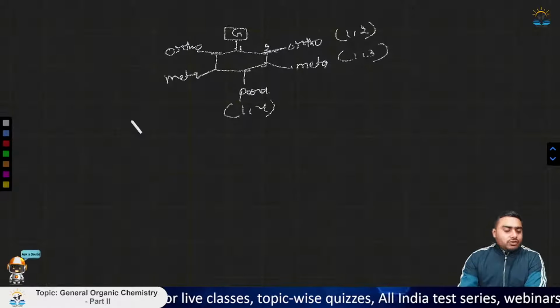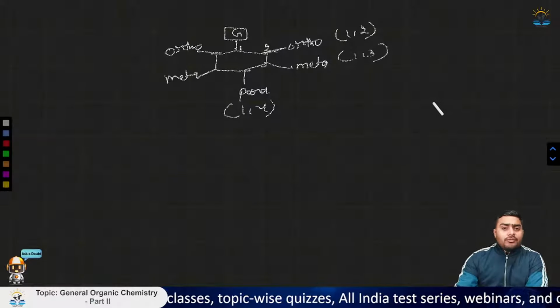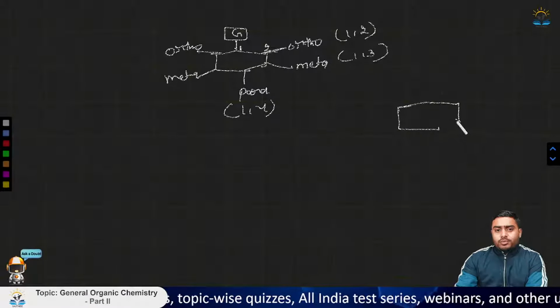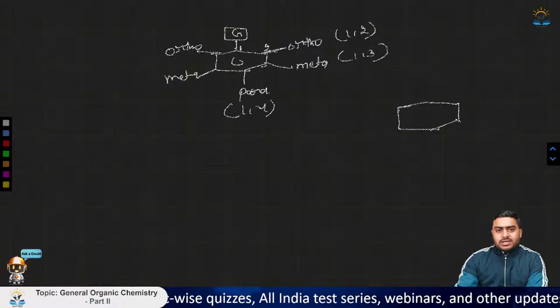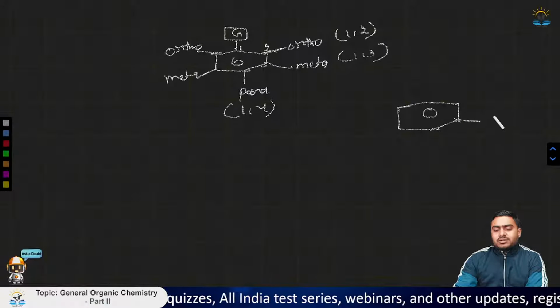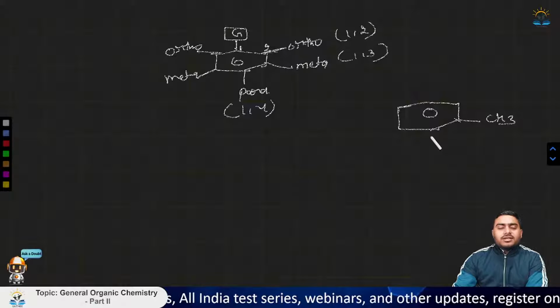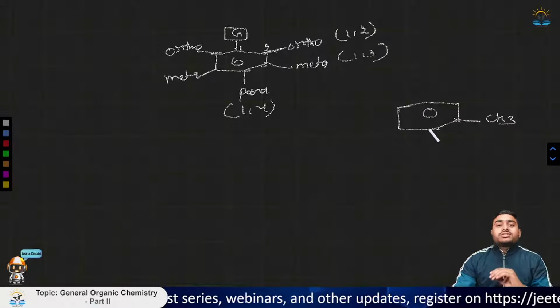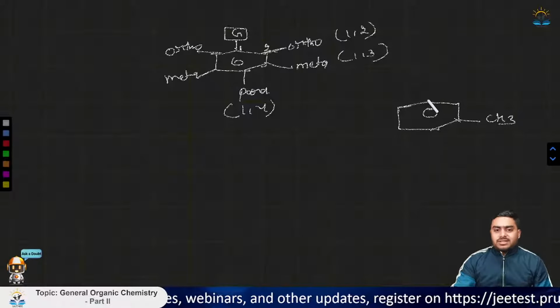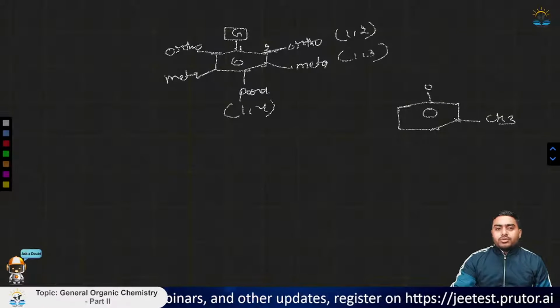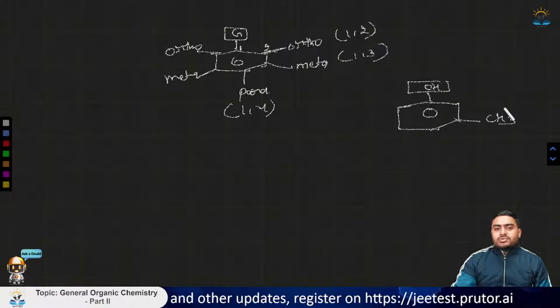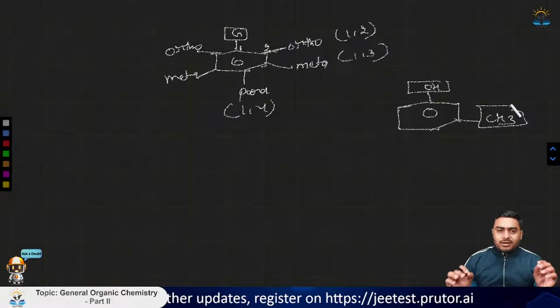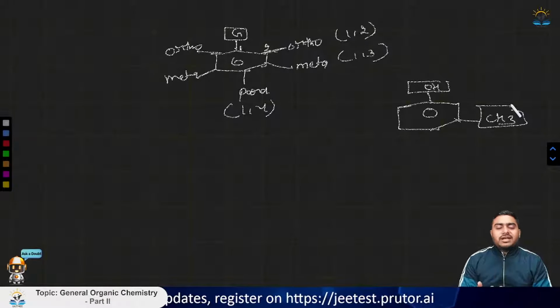One more point I want to tell you. If the group is present here on the benzene ring, suppose CH3, then this is not at meta, para or ortho position because no reference is here. If an OH group is available here, then these two groups are related by the 1,3 position.